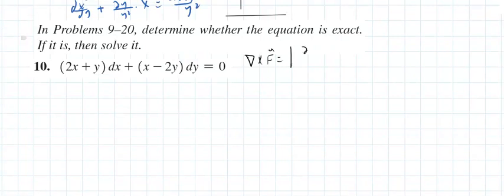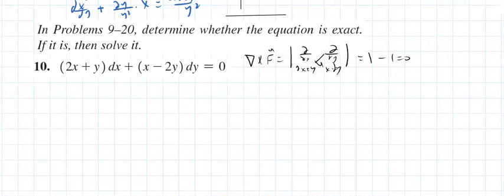So where del is the partial with respect to x, the partial with respect to y, that's the same as the calculus operator. This is 2x plus y, this is x minus y minus 2y. So the partial with respect to x is 1, the partial with respect to y. So yes, if it is, then this is what you're saying.